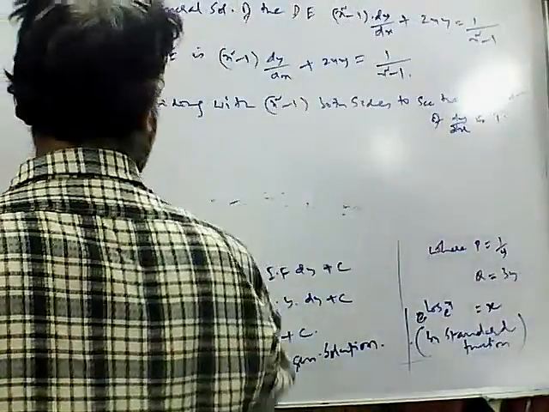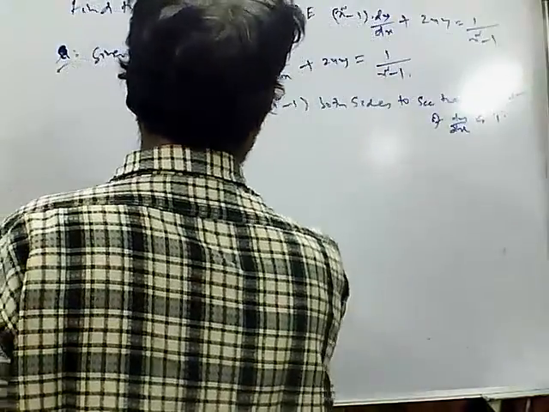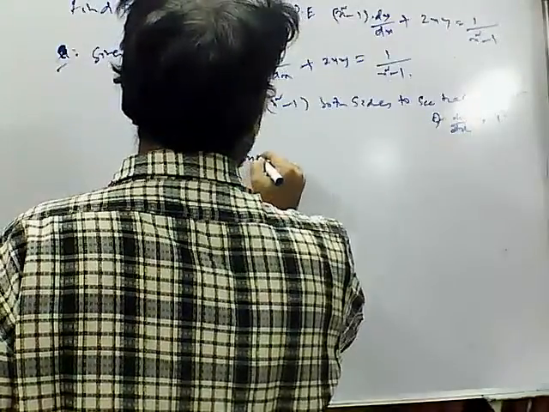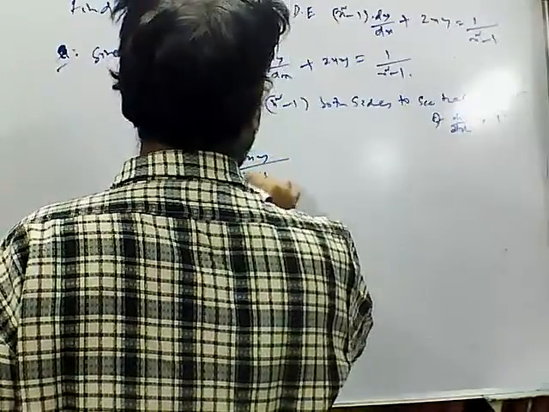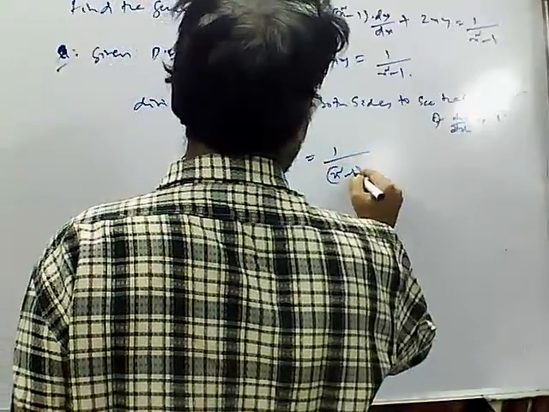Now, because the equation should be linear, there should be no coefficient for dy by dx. So dividing both sides with x square minus 1, what happens? dy by dx plus 2xy by x square minus 1 is equal to 1 by (x square minus 1) whole square.